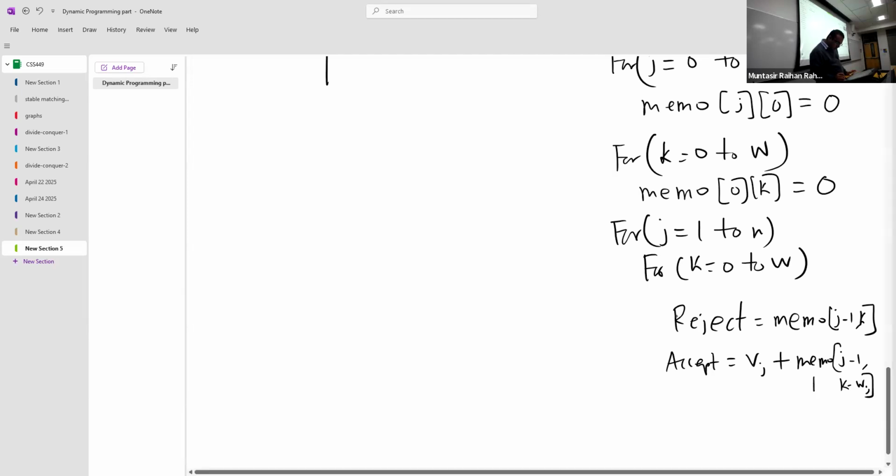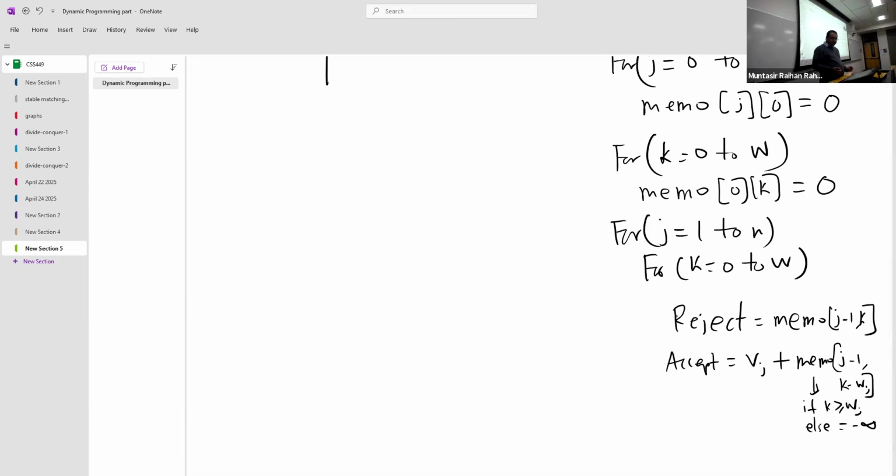You add this only if k is greater or equal to wj. Else you put the value to be minus infinity. This is how you handle the case where you have negative weight. If after you subtract wj the weight becomes negative, that's an impossible situation, so in that case the value is minus infinity, and then when you take the max, you're never going to pick that. You're going to pick the other option.